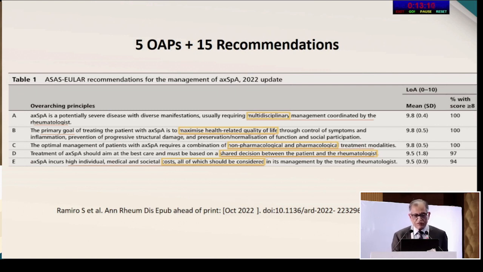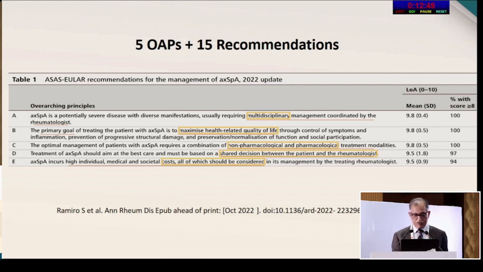The second is that the primary goal of treatment is to maximize health-related quality of life by control of inflammation and prevention of structural damage.